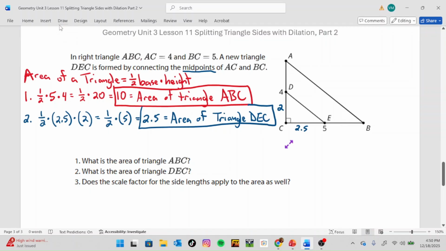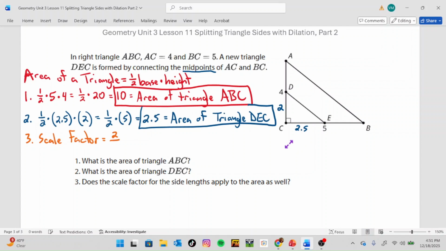And now the last part, does the scale factor for the side lengths apply to the area as well? Well, the scale factor for the side lengths, we went from a side length of 4 to a side length of 2.